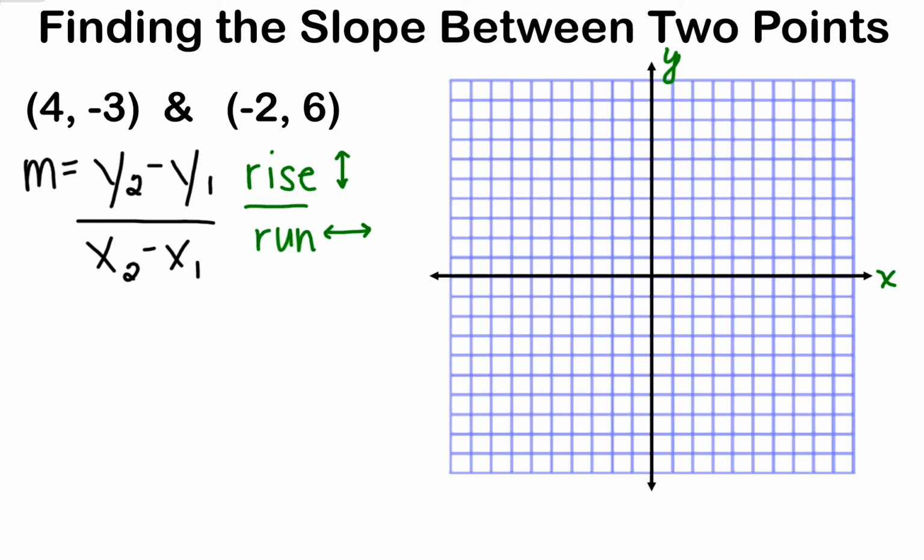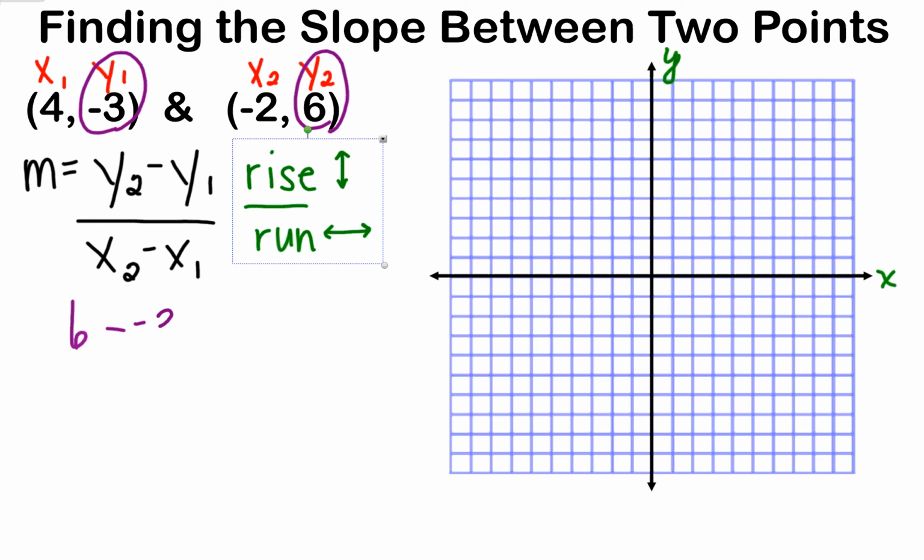So if I'm going to plug in these points, I like to label them. My first point gets 1s and my second point gets 2s. And then this makes it very easy to substitute. So let's go ahead and do that. We have to do y2, which is 6, minus y1, which is negative 3, over x2, which is negative 2, minus x1, which is 4.